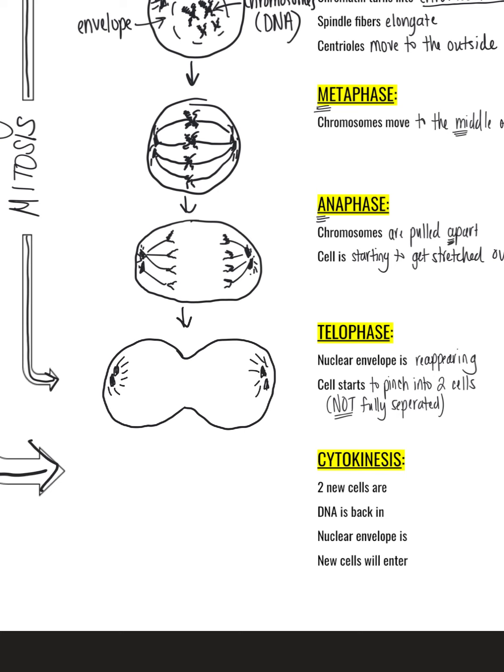They're no longer needed. They already did their job of pulling apart those chromosomes, half to one side, half to the other side. You can see the envelope is coming back. Notice we have an envelope in each of those two cells. And we have DNA sitting in there.